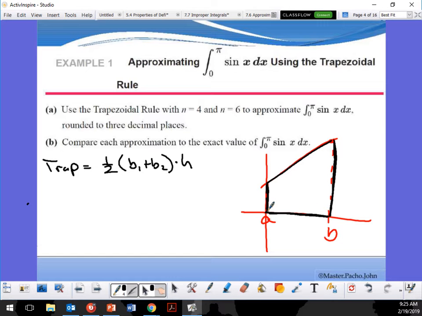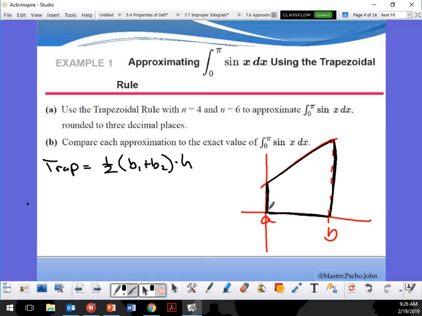How do I figure out the height? It should be B minus A. You don't have to divide it. We're doing just one right now, so N equals 1, and it would still hold true.